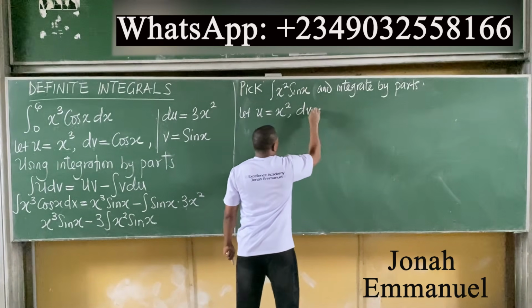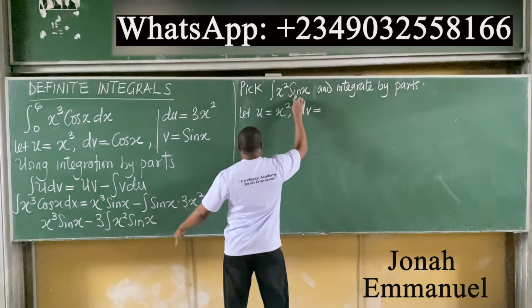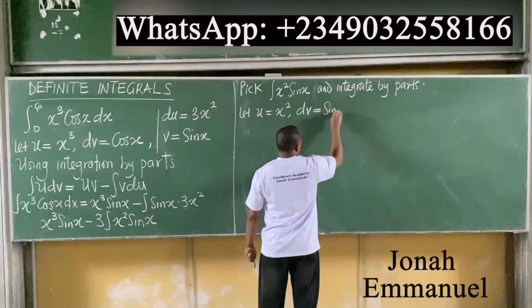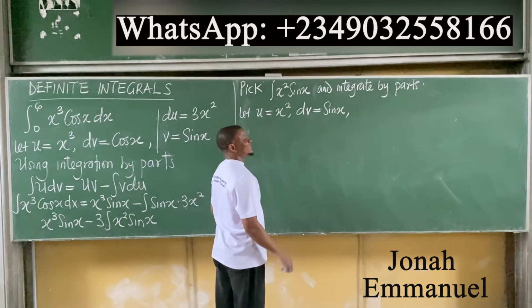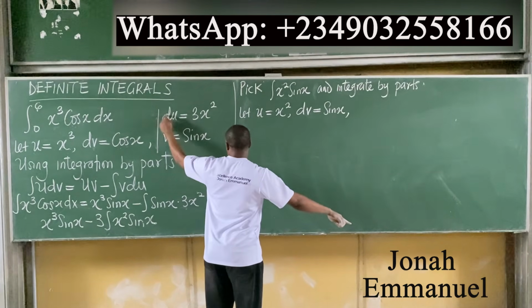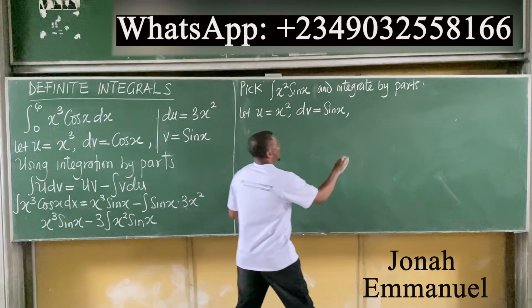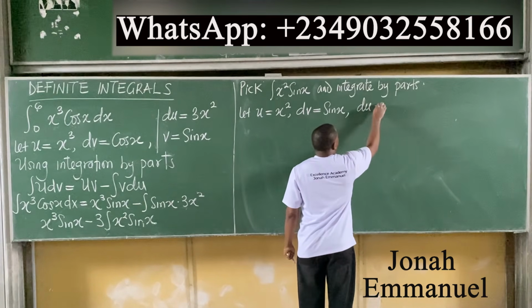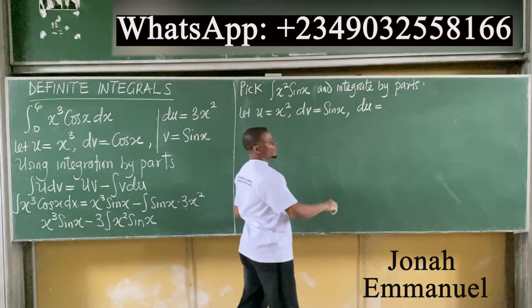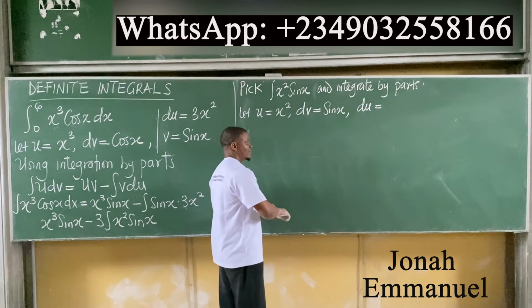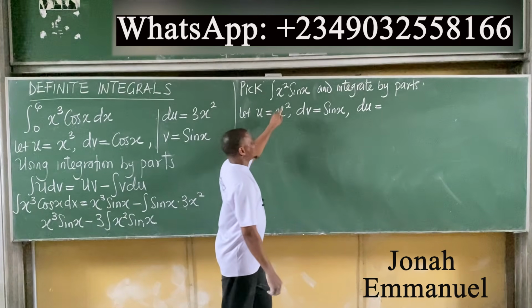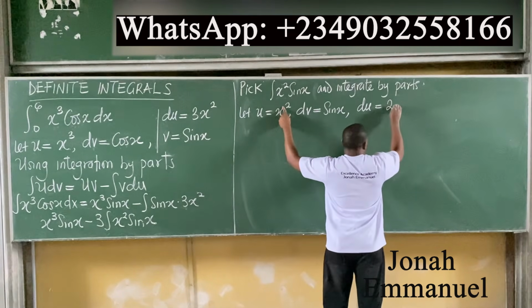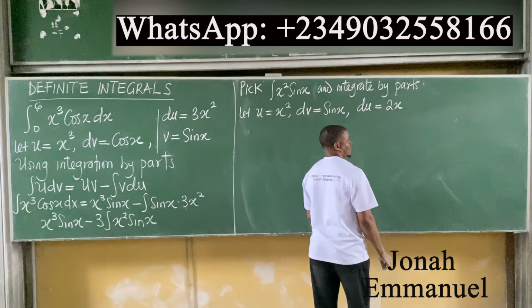What's the dv? Sine x. After u and dv, I still need du and v. To get du, am I supposed to differentiate or integrate? If I differentiate x squared, what do you get? du is 2x. That's it.